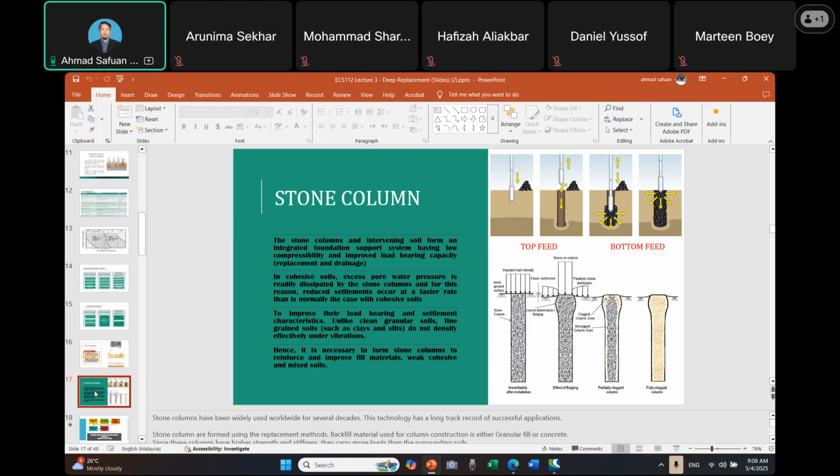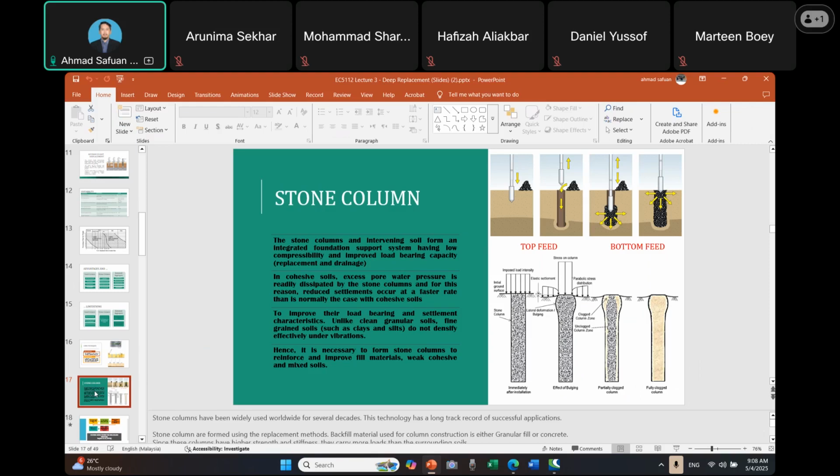Unlike clean granular soil, fine granular soil such as silt does not densify effectively under vibration. So that's why they use the stone columns. Once we vibrate the column, it can densify better compared to the use of the fine granular soil.